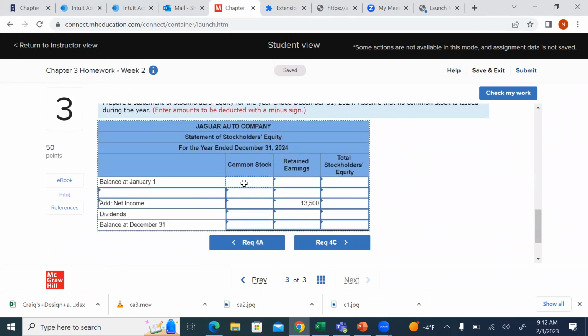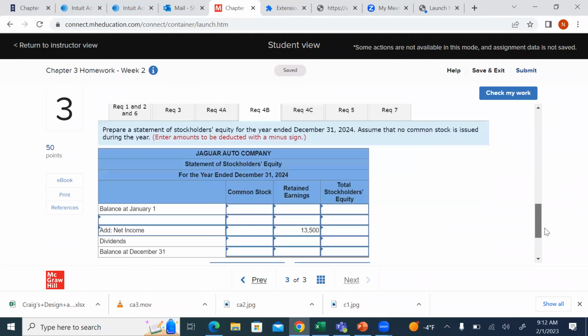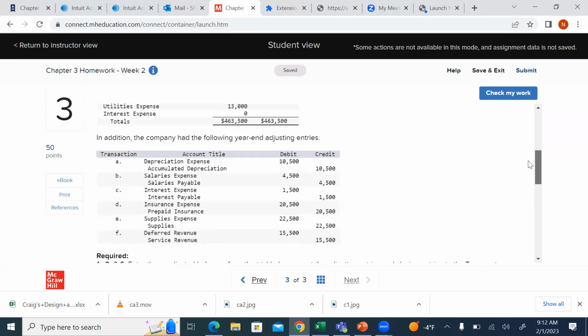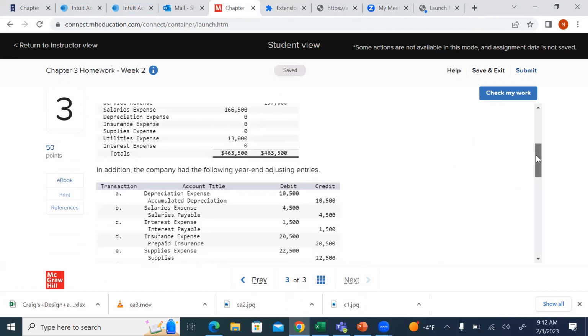So we start with common stock, 58 and 11.5. 58 and 11.5 is 69.5. Did we add any stock? I don't think so. We did add net income. Did we have dividends? 5,500, right?